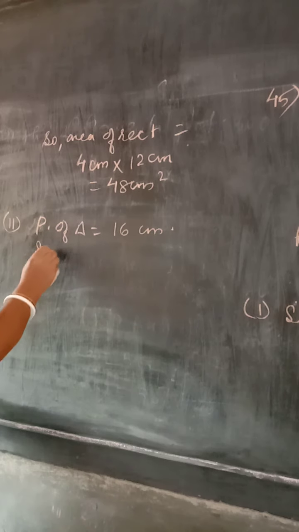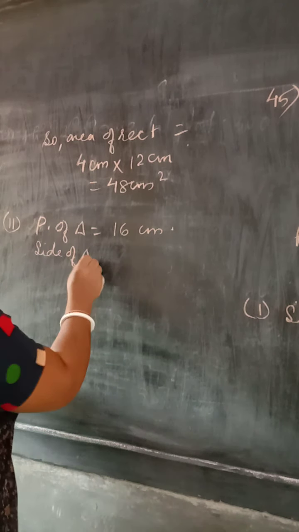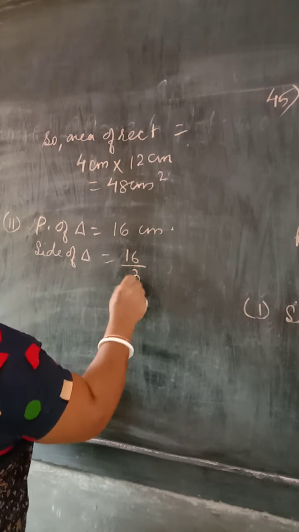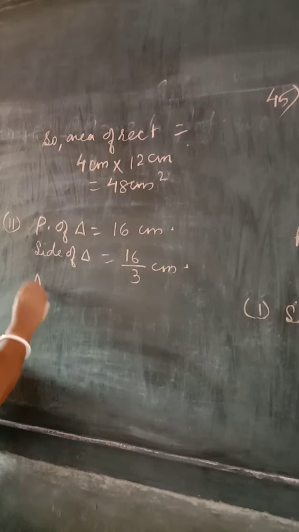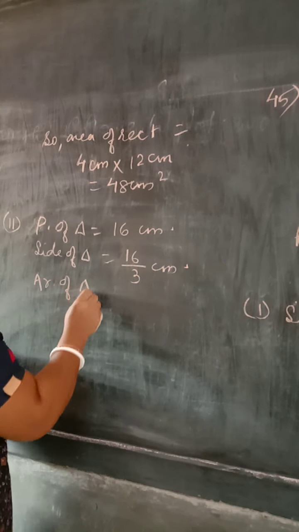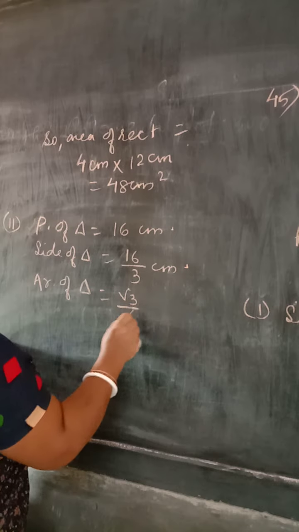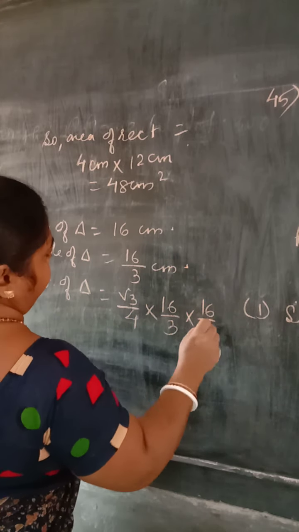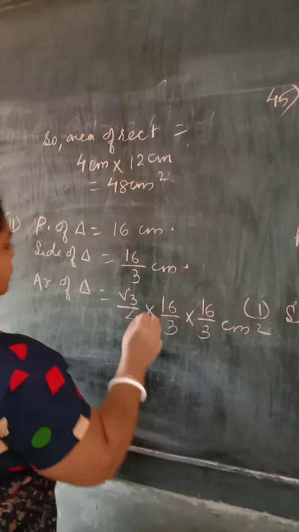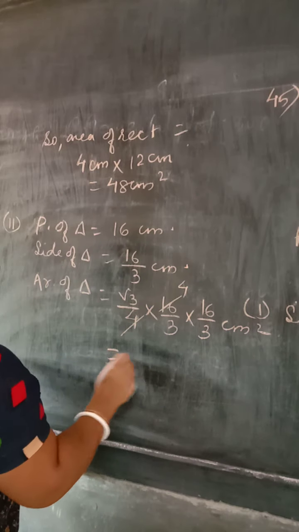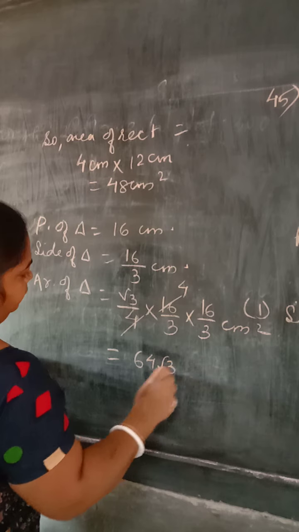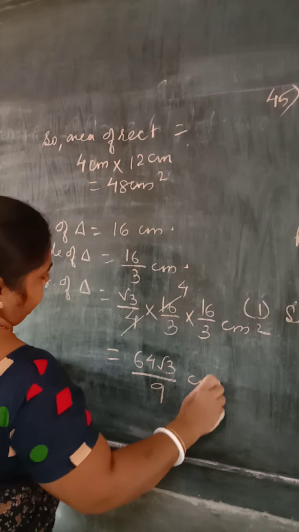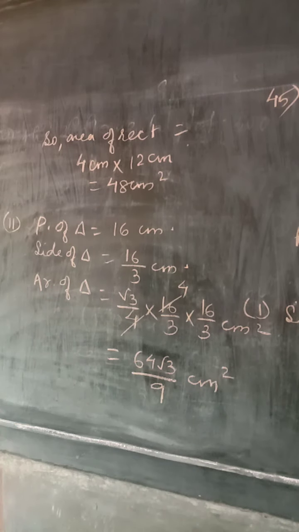So side of triangle is 16/3 centimeter, and area of triangle would be √3/4 into 16/3 into 16/3 centimeter square, or it is 64√3/9 centimeter square is the area of equilateral triangle. Please write.